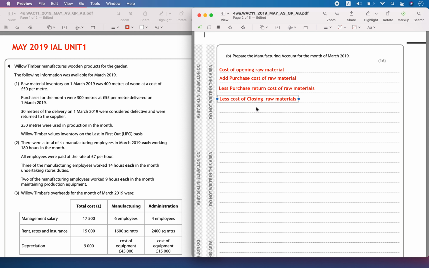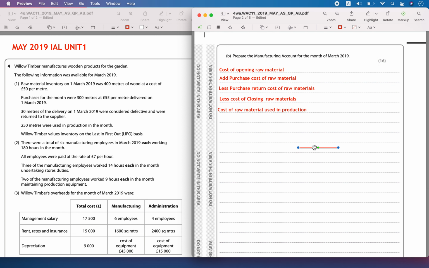When you do all of this, you will understand the cost of raw materials used in production. This is going to help you in understanding the cost of raw material used in production.